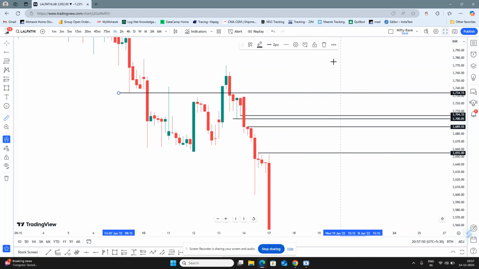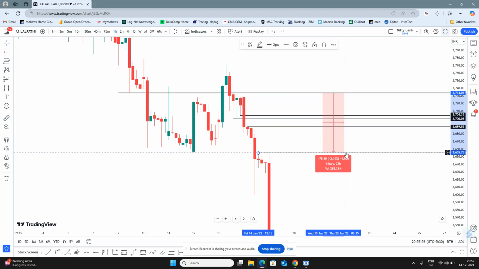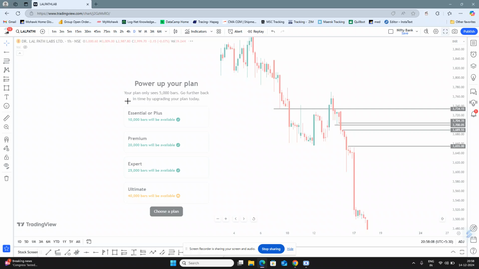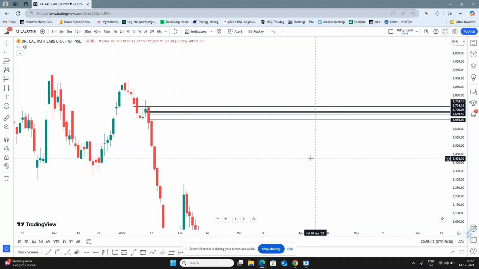See. This is the point of 77, 77 rupees where I will get my next target positive. Right. Now what I have to do is simply wait for prices to come here.